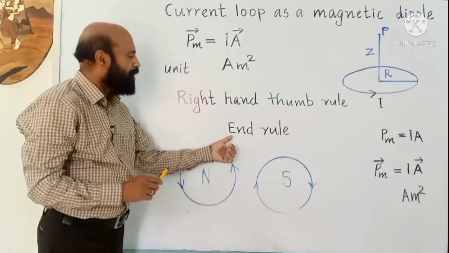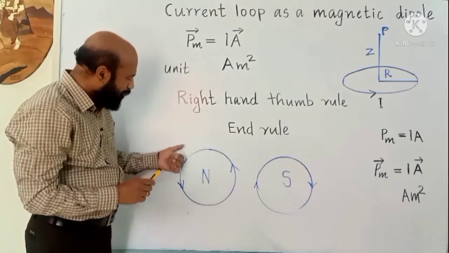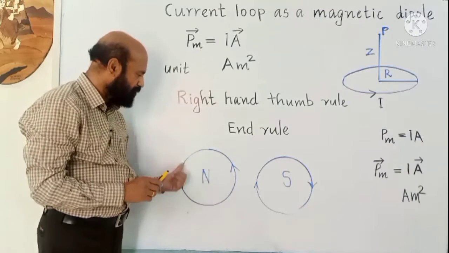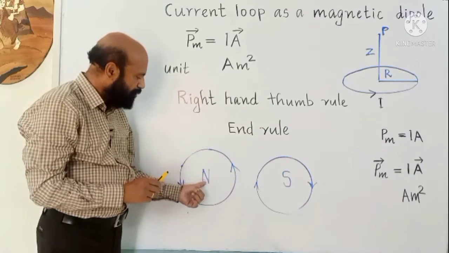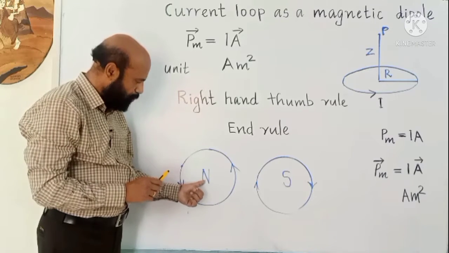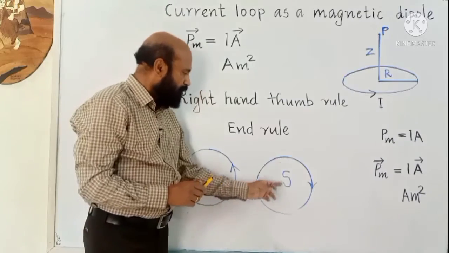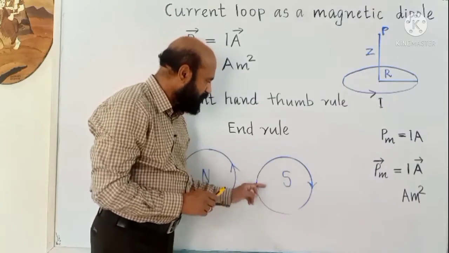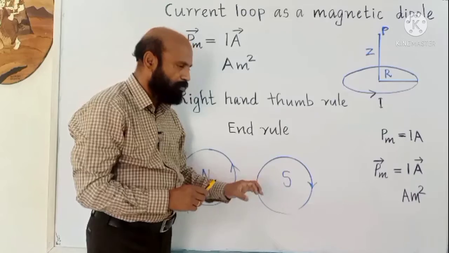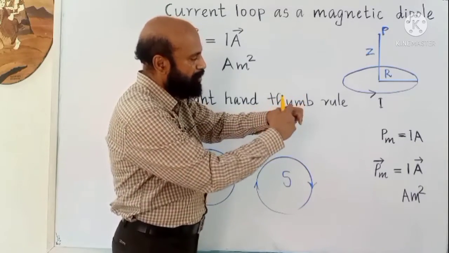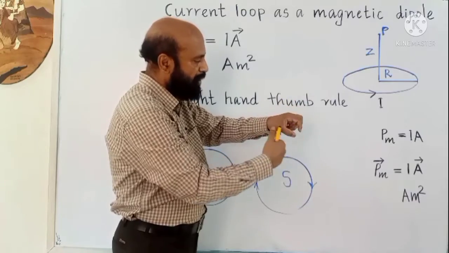Now the end rule. Suppose the current is in the anti-clockwise direction, then that end will be north pole. Here current is in the clockwise direction, then that end will be south pole. Now suppose the current is there in this coil in the clockwise direction.